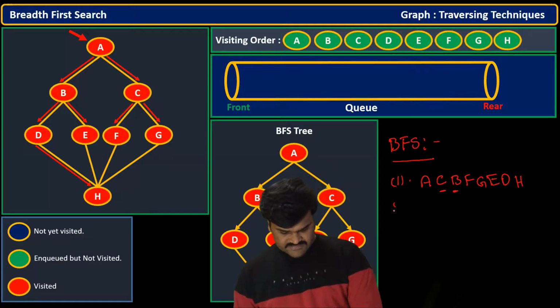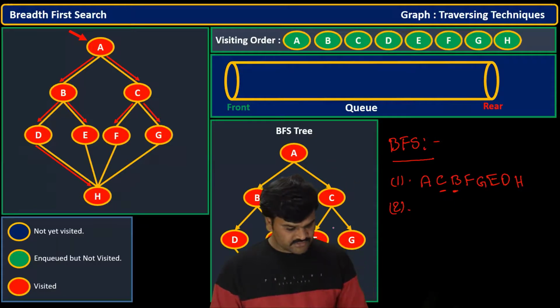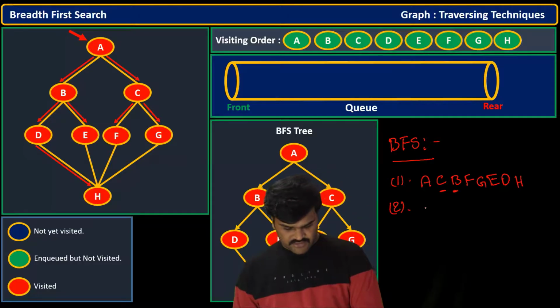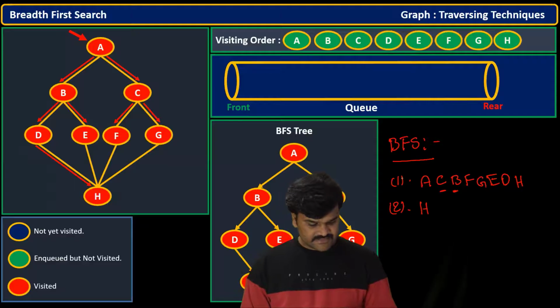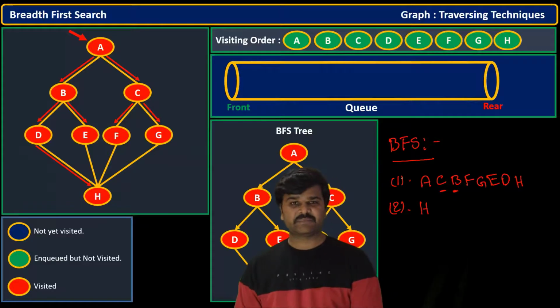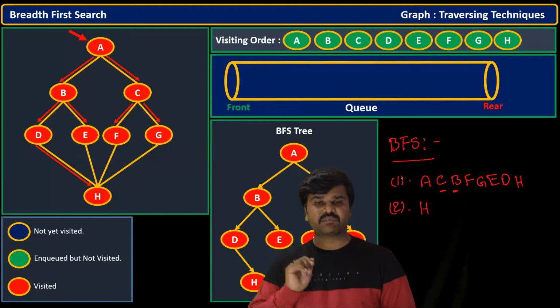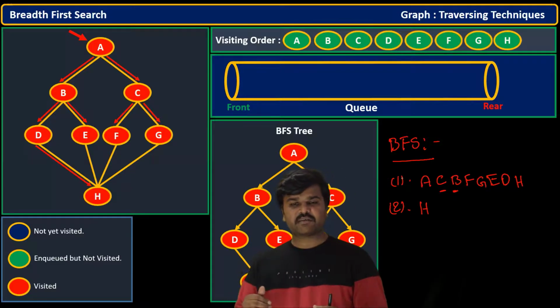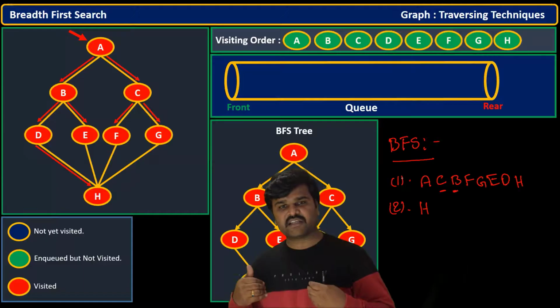Or let us take another order. So I am going to start with H actually. If I start with H, you see the adjacent vertices are D, E, F, G. In any order, 4 factorial permutations are possible. So any permutation you can take and then you can enqueue them.